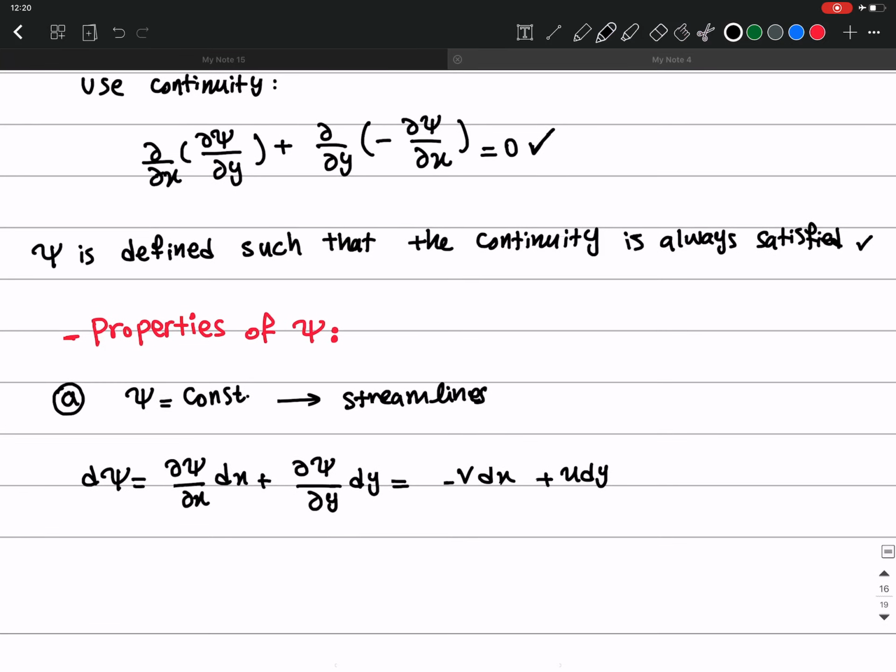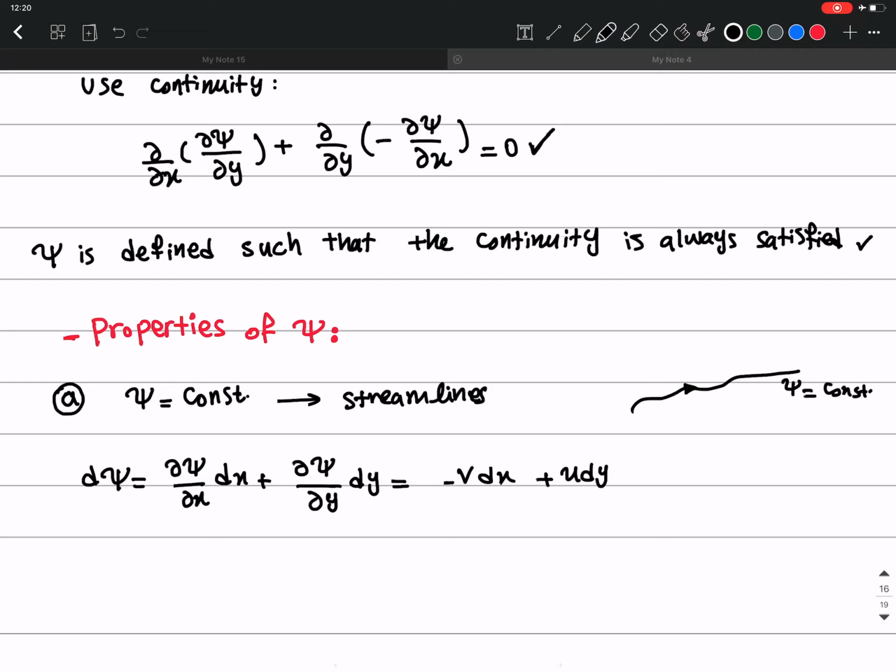And let's investigate this d psi for a constant psi. So let's say we are on a constant psi, and we want to see what that represents.